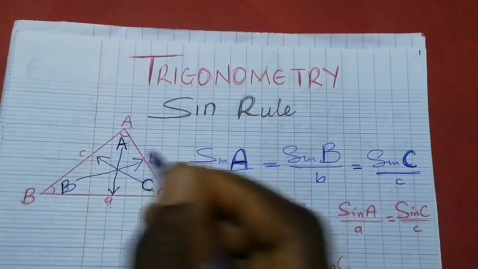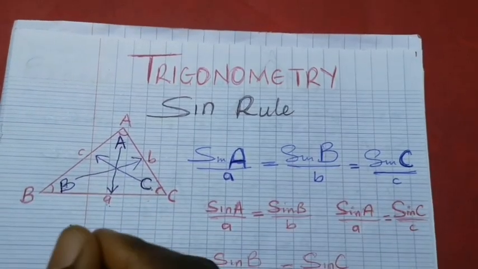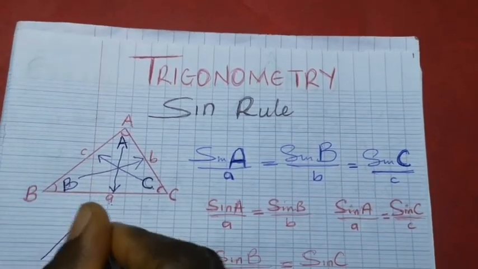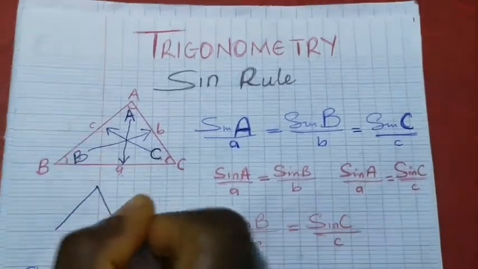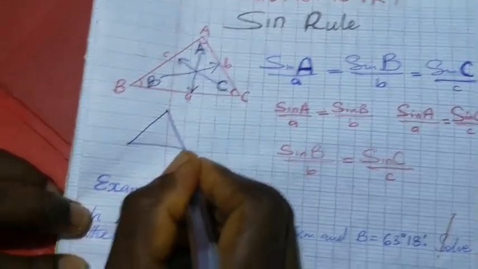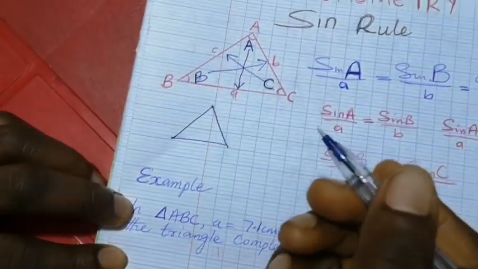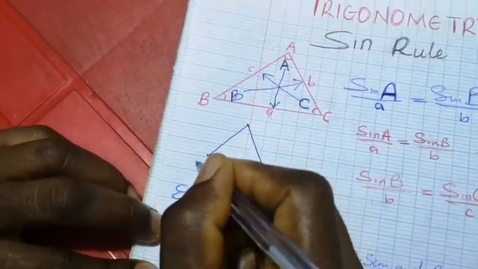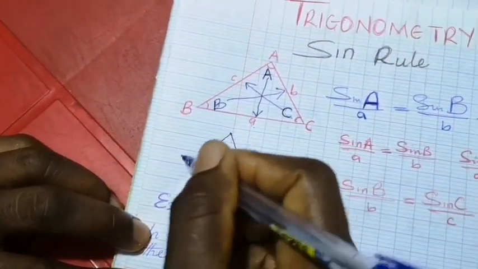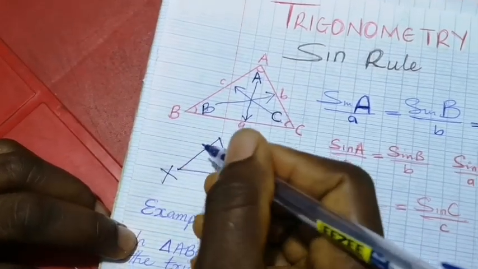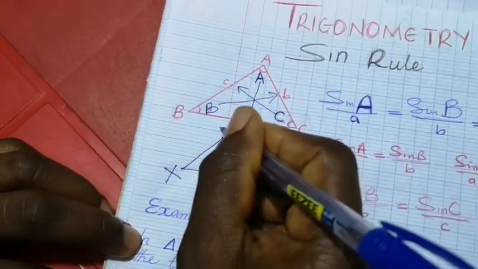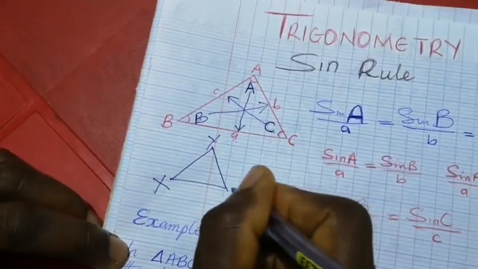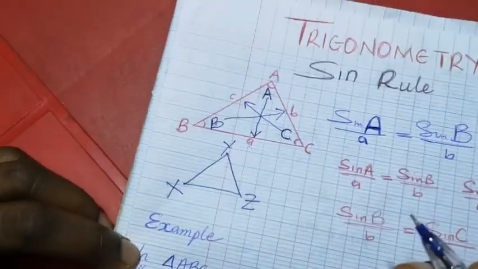Now if I have a triangle this way, and I have, let me say, X, Y, Z here.